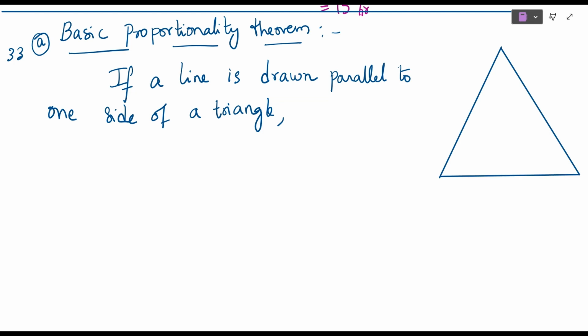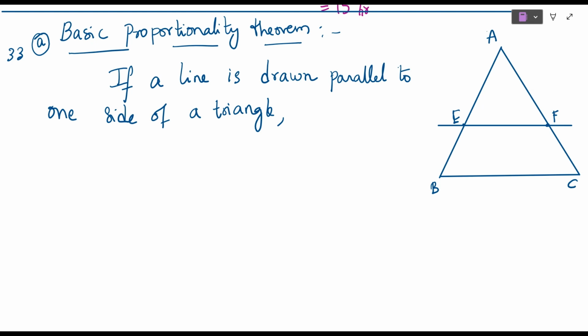Let us name this as A, B, C. So if a line is drawn parallel to one side of a triangle, now I am drawing a line parallel to line BC. I have drawn a line parallel to BC, and these points I am going to mark as E and F.